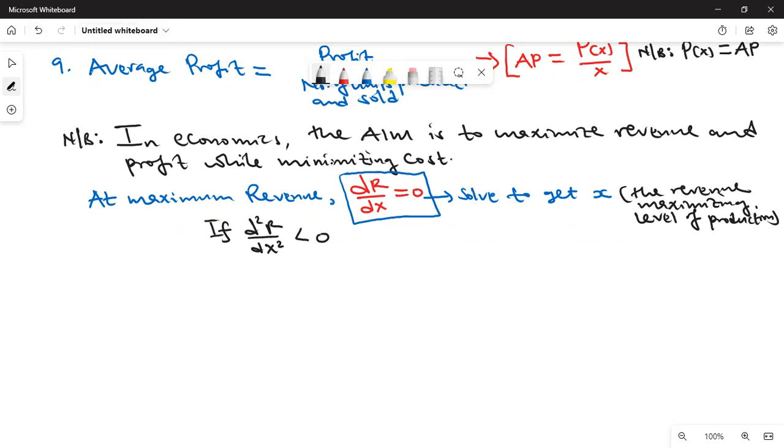That will mean that the value of x that you have found will give you the maximum revenue. So you must test, don't assume.